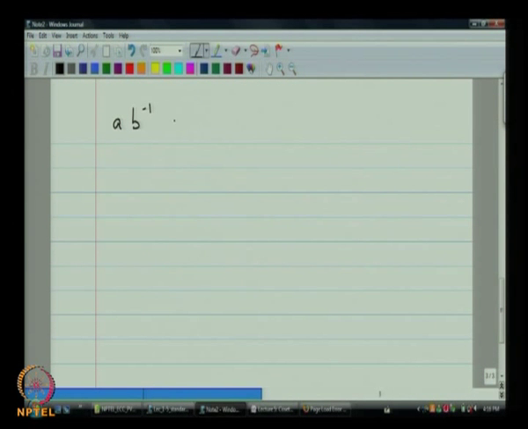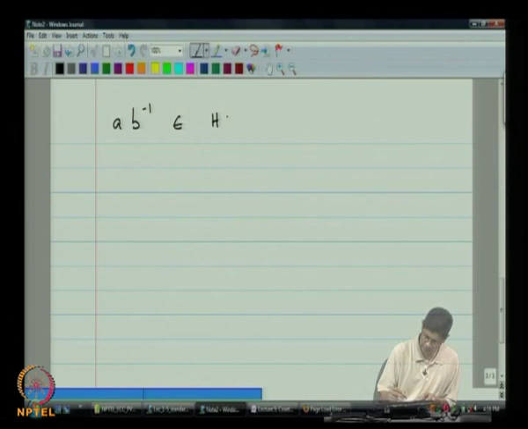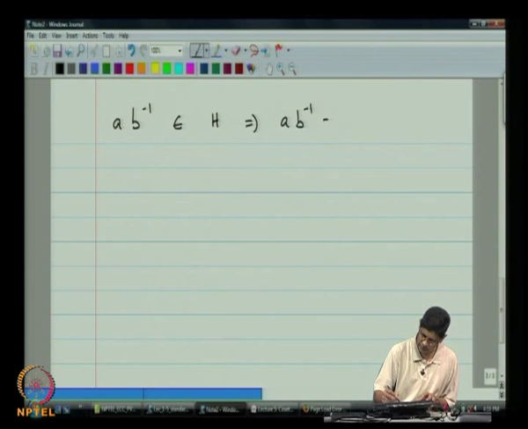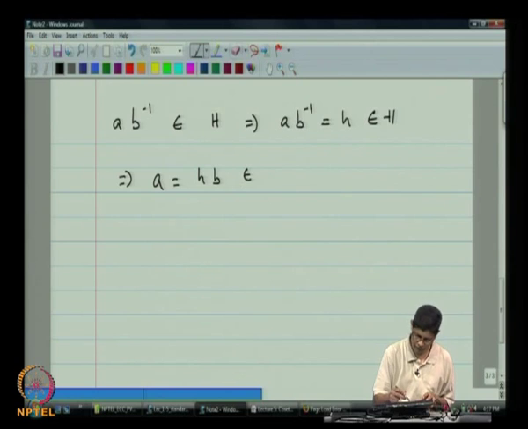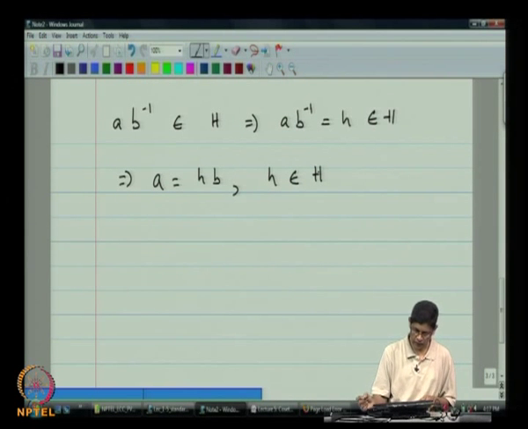AB inverse is in H implies that AB inverse is equal to h for some element h in H, which implies that A is equal to hB for some h in H.